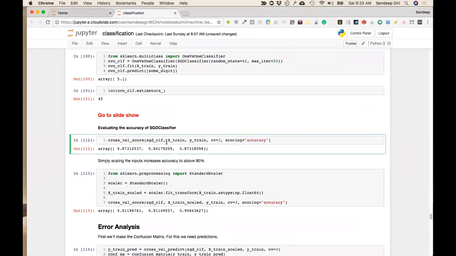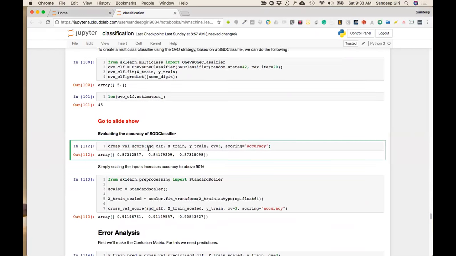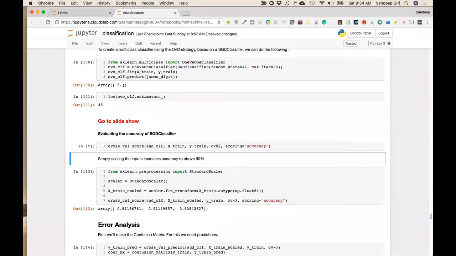In the case of SGD classifier, we used OVA, one versus all, earlier, and here after training we are just checking using cross-val, as in the cross-validation technique, with 3 folds. So here it is going to give us some results. Let it run.